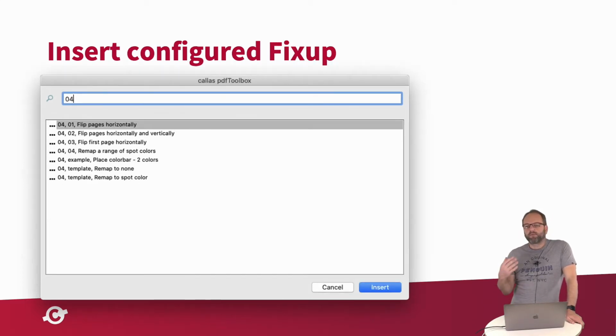And then you have Insert Configured Fixup, and that shows you the fixups that you have in your library, and it will allow you to copy the JavaScript equivalent of any of those fixups in your library. And then there is a third thing that I will show you, which is more in the direction of documentation, a little bit later during the demo as well.